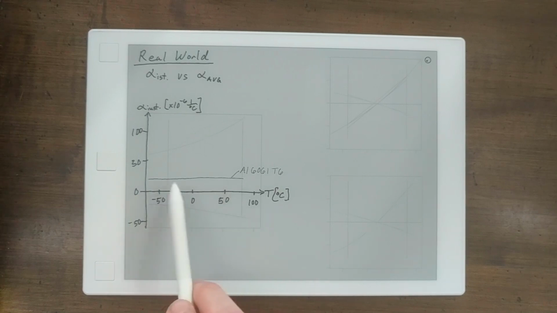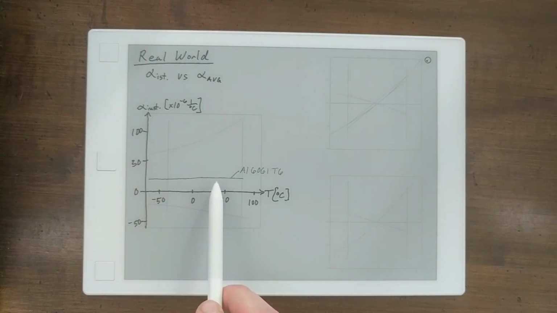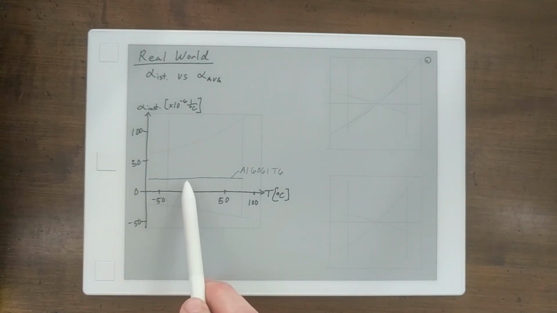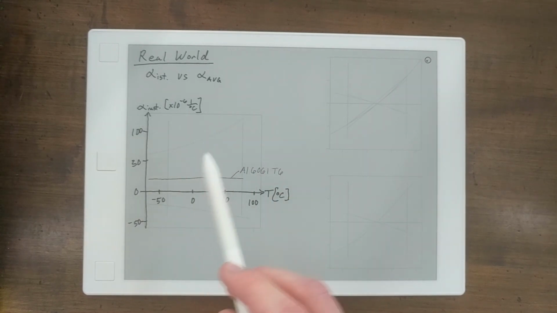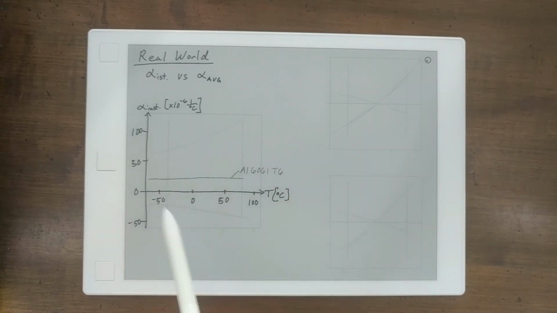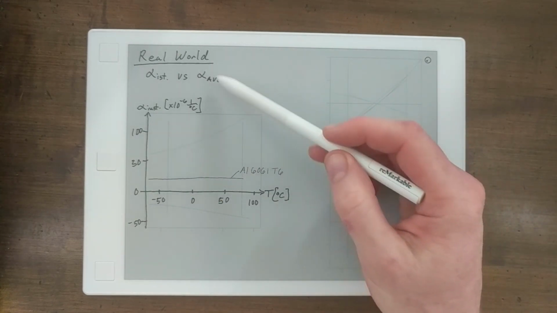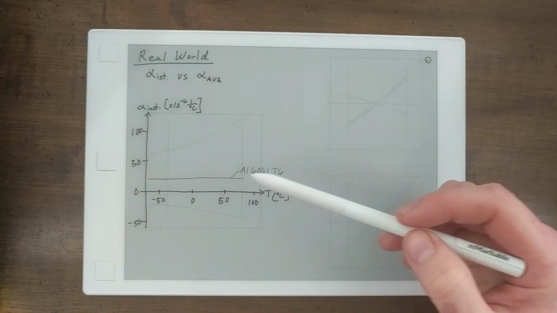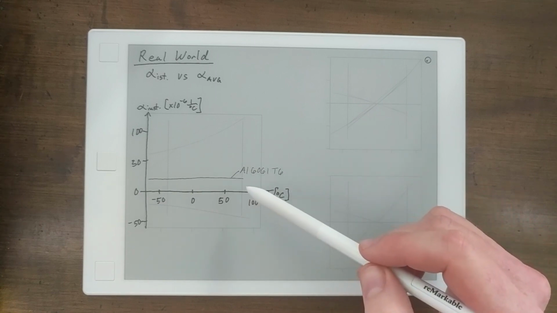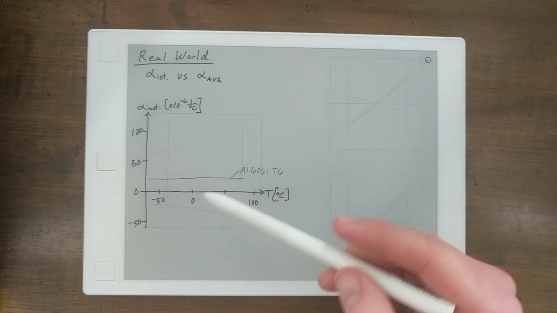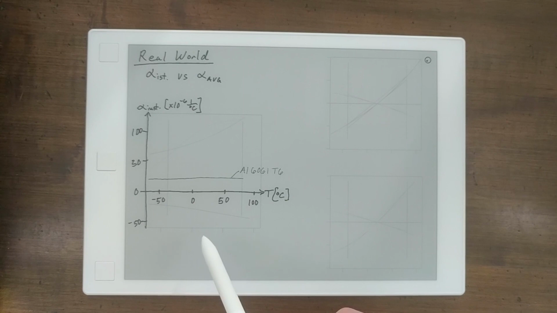You can see there's some curvature there, but it's not that great. So the average CTE, which would be a constant on this plot, or a horizontal straight line, is a really good measure. And for most metals, that is the case, especially around room temperature.